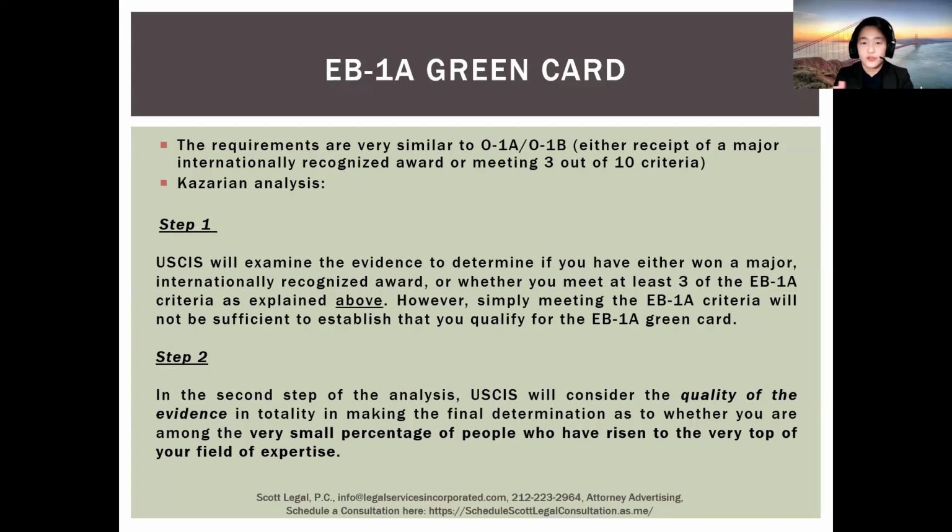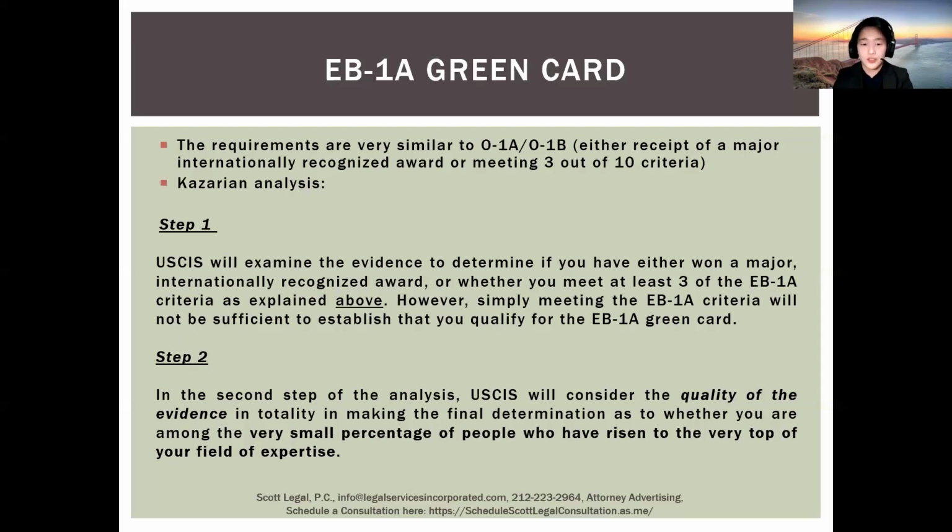And similar to the criteria that we looked at for the O1A and O1B, you either need to show that you have received a one-time major internationally recognized award, such as a Nobel Prize or a Grammy or Emmy or Oscars, for example, or show that you meet at least 3 out of the 10 criteria that they enumerate.